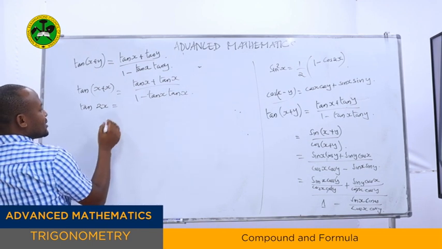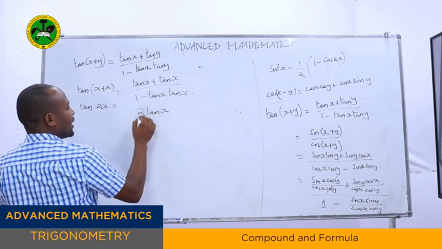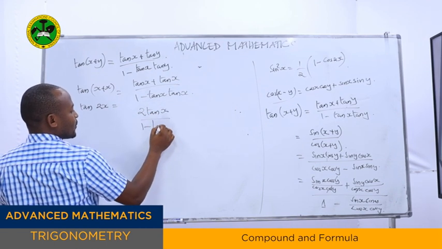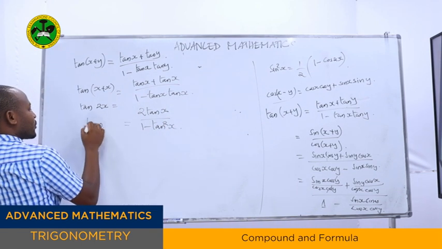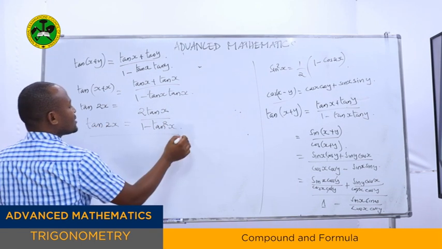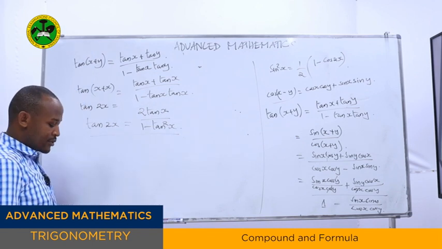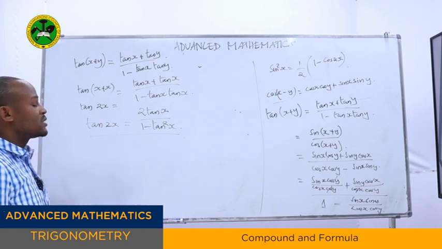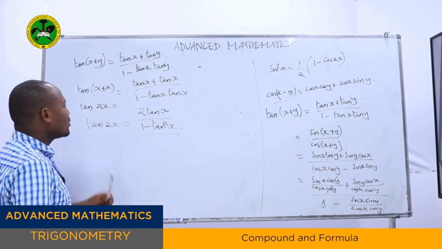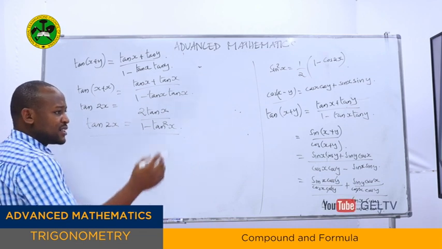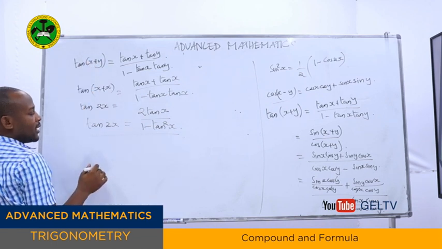That follows that tan 2x equals 2 tan x over (1 - tan squared x). This identity is very useful when we try to integrate, and when we use t formulas. You know that we use this to prove the t formula. So that is how tangent looks with a plus sign in between.